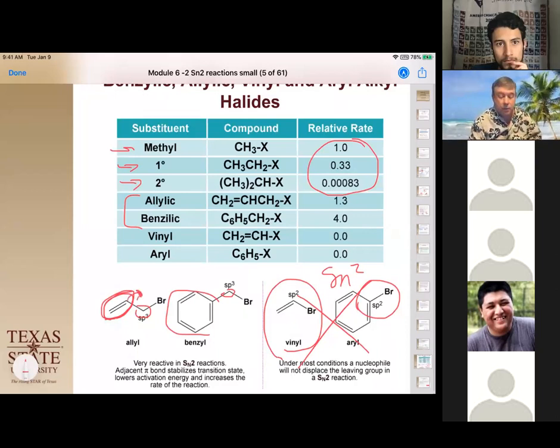But notice those sp2 hybridized carbons don't react at all. Okay, so that's another special case where we have things that can react even faster than all methyl groups because of electron donation by a double bond nearby, but not directly on the carbon that we're doing our substitution on.